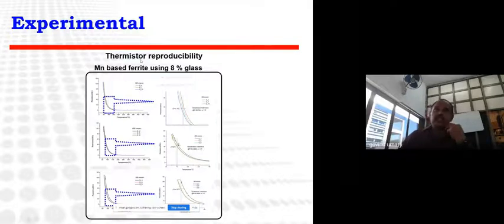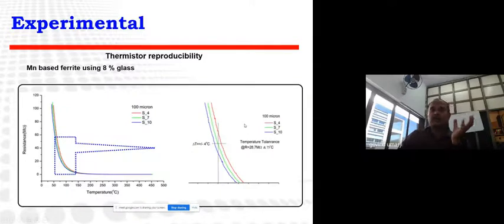We also checked the reproducibility, how reproducible it is. We started with the reproducibility study. For the sensors 4, 7, 10, corresponding to 100 micron with 8% glass, what we observed is that delta T is plus minus 4 degrees.